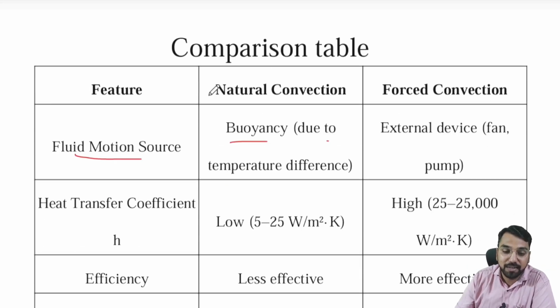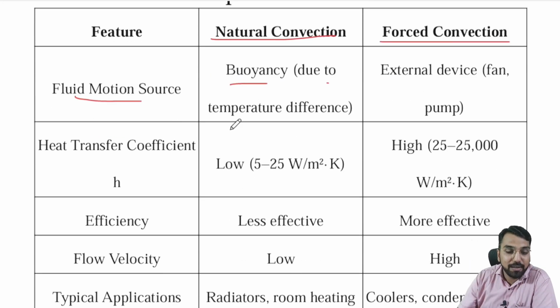Here is a comparison table of natural convection and forced convection. Whatever we have discussed earlier is just put in table form. The fluid motion source in natural convection is buoyancy, which is due to temperature difference or density difference. In forced convection we use external devices like a fan or pump for fluid motion.